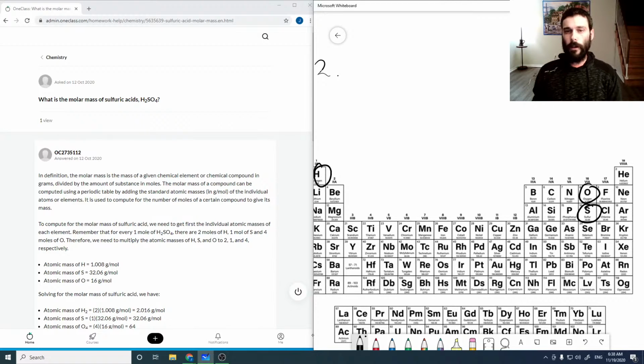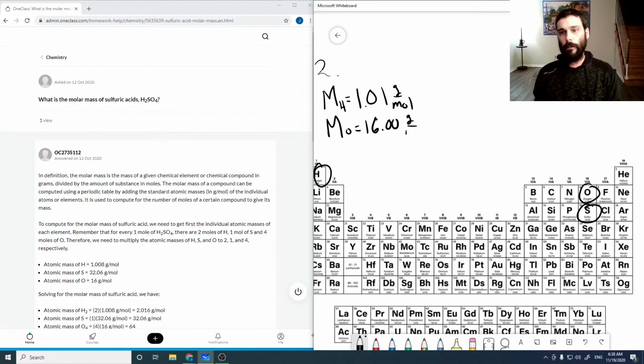The number you get in the end is going to depend on the number of digits you keep, but I'm just going to use 1.01 for hydrogen, 16.00 for oxygen, and 32.06 for sulfur.